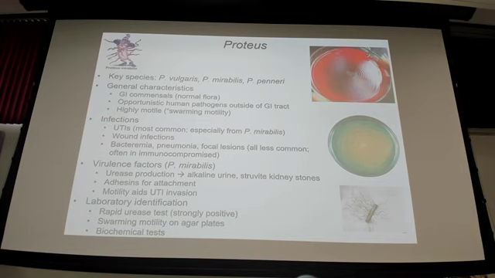And when you grow that up from a urine specimen, or any member of this genus, it has a very distinctive colony morphology called swarming morphology. That's because these bacteria have a gliding motility on that agar. So they grow and they just slide and ripple across the plate like that.